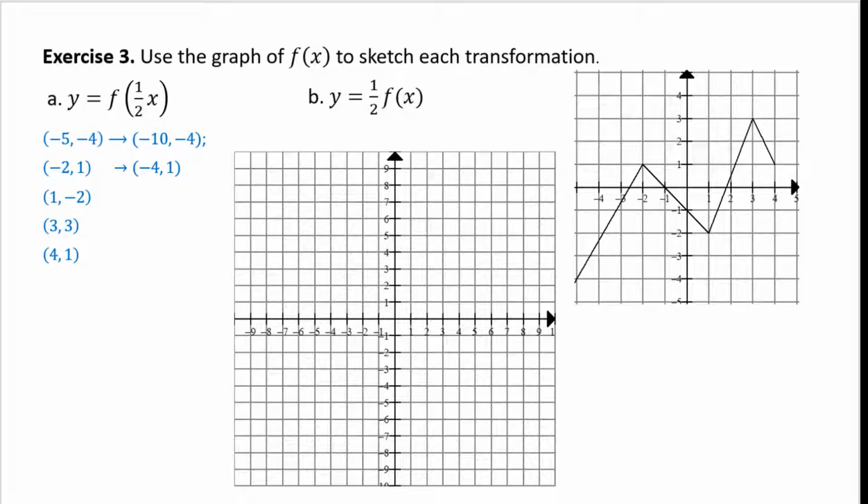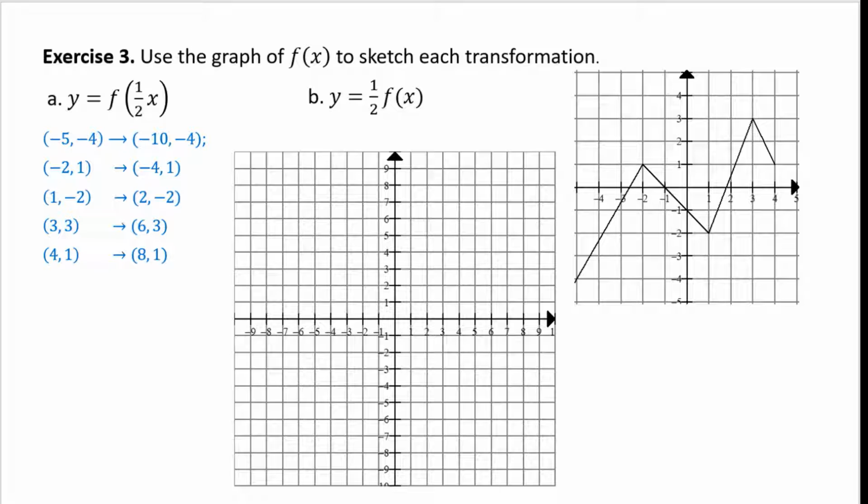Again, if you divide by 1/2, you're multiplying by 2. The ordered pair (1, -2) becomes (2, -2). The ordered pair (3, 3) becomes (6, 3). The ordered pair (4, 1) becomes (8, 1).